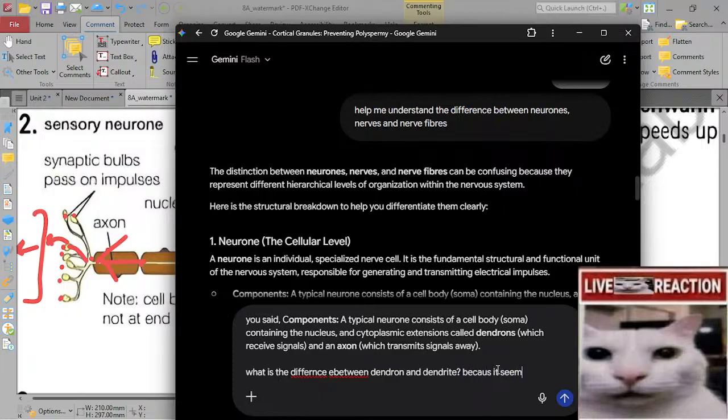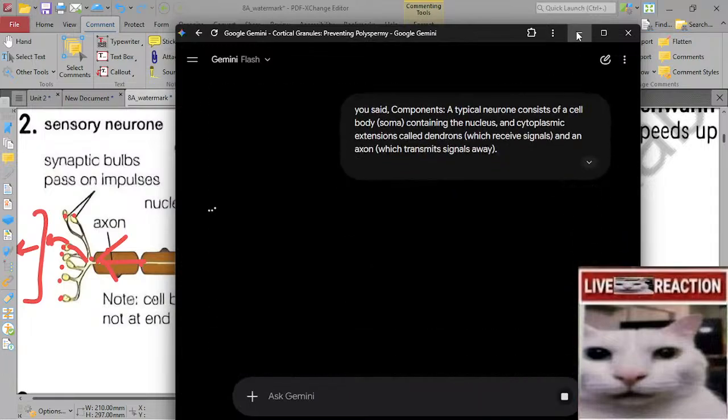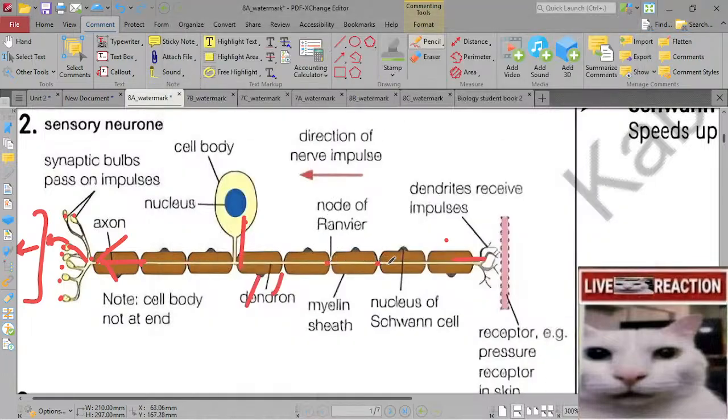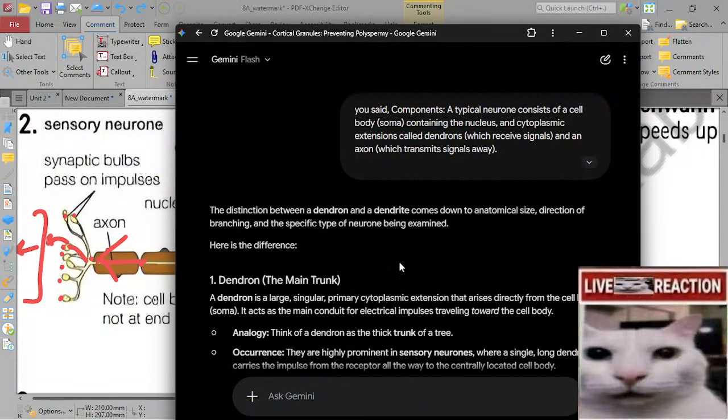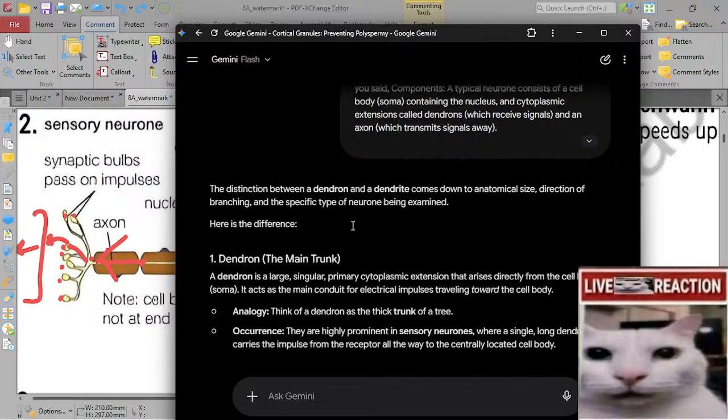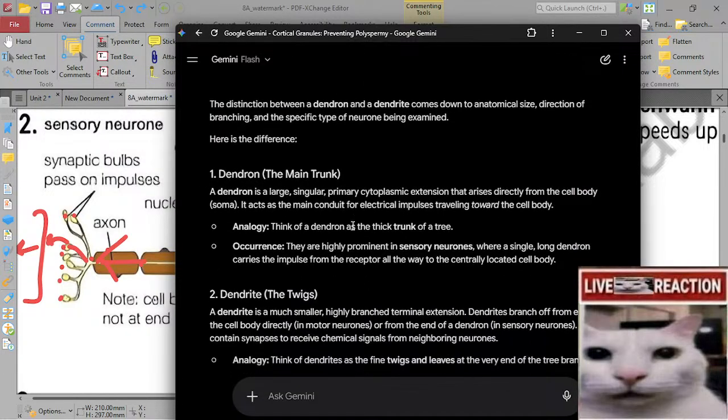To be honest, I guess dendrons are receiving, but then it's also sending it forward. So aren't these dendrons technically acting as both transmitter and receiver? The distinction comes down to anatomical size, direction of branching, and specific type. Dendron is the main trunk from the cell body, it acts as the main conduit traveling toward the cell body.